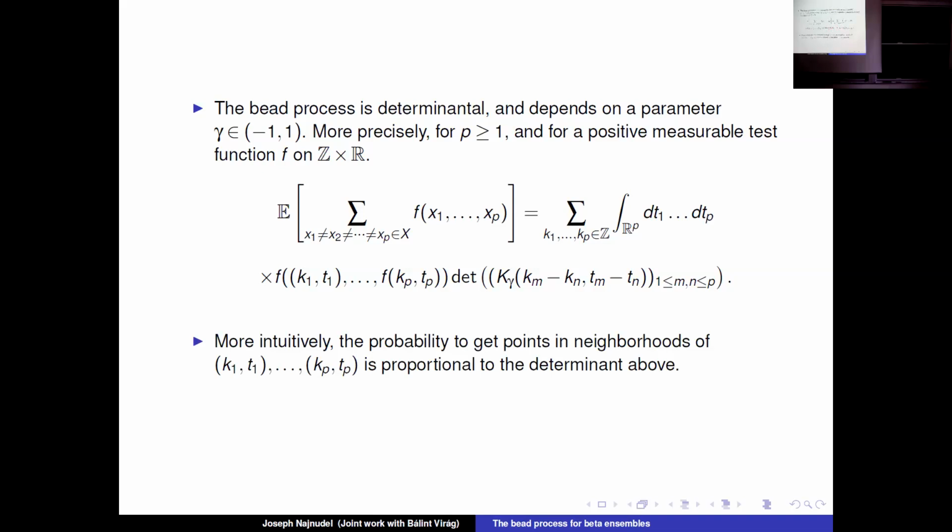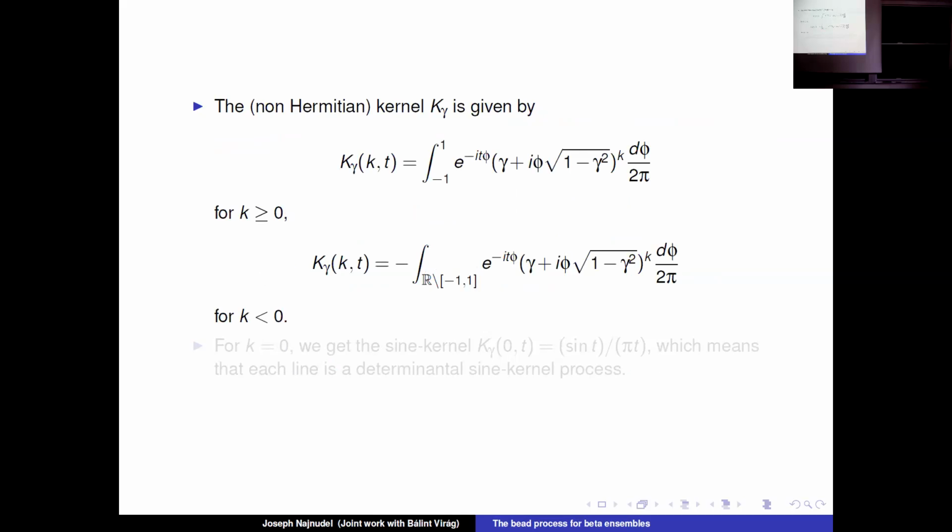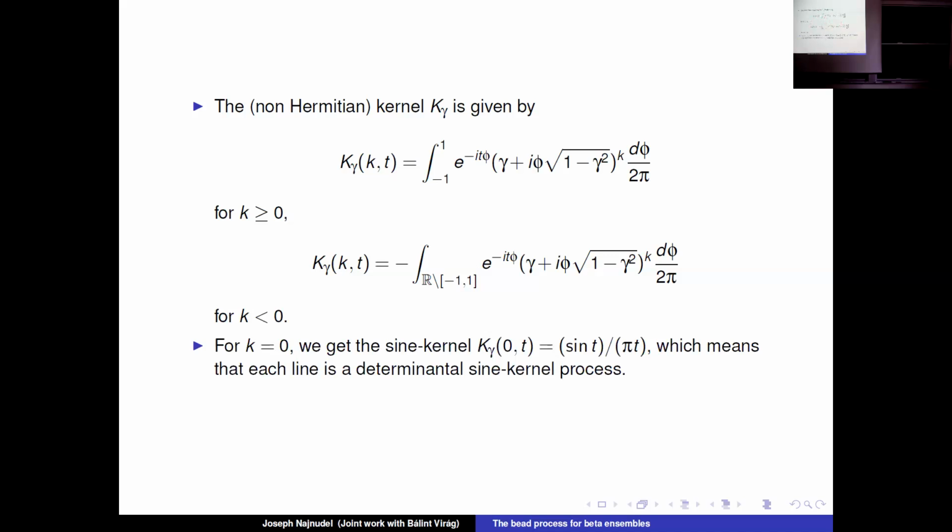So this is the intuitive meaning. And for the kernel, there is an explicit formula. I will not detail the meaning of this formula, but in particular, if we look at the points only on one line, so we take line 0, for example, and we forget all the other lines, then we get a point process on the line, and it is a determinantal sine kernel process.